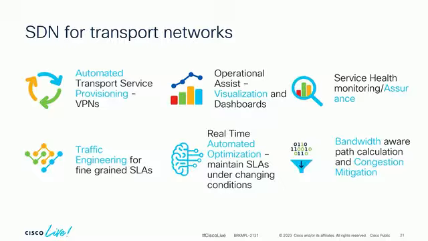The idea here is that when you provision a service, you want visualization capabilities automated, and also you want the service health monitoring automated. And then the bottom three things in this slide are basically talking about all the traffic engineering things you want, which is also to be integrated here, which is if a VPN needs a specific service level objective, SLO. SLA is the commercial agreement, if you will, and SLO is a technical objective of what we want to deliver for a particular VPN, right?